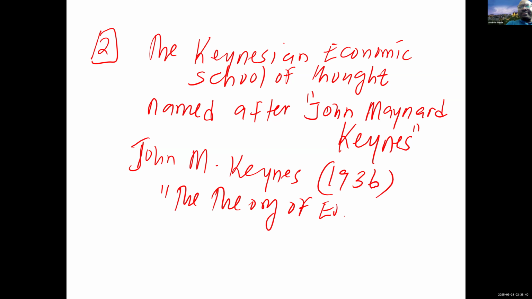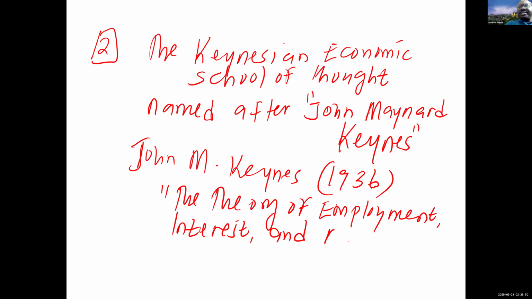of Employment, Interest, and Money. This is a book that changed the philosophical view from traditional classical theory. And in many ways, this book was blaming those economists who believe in self-correction.